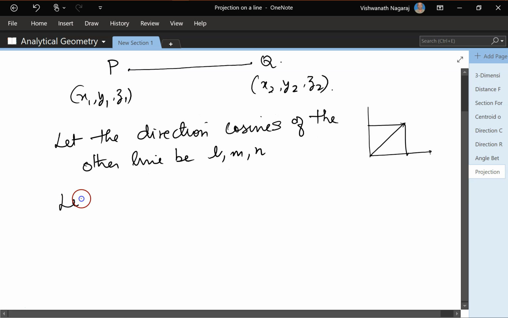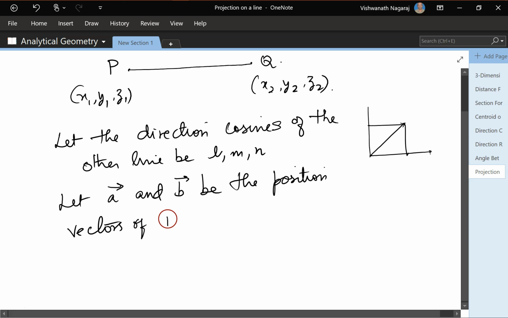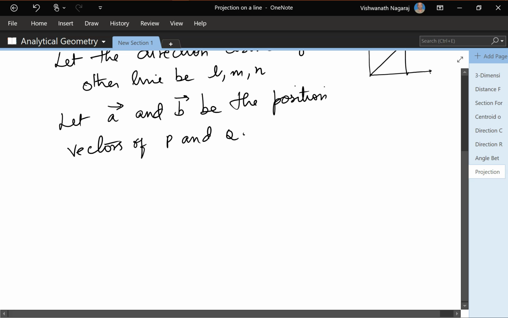Now let A and B vectors be the position vectors of P and Q. Let's say this is the origin.